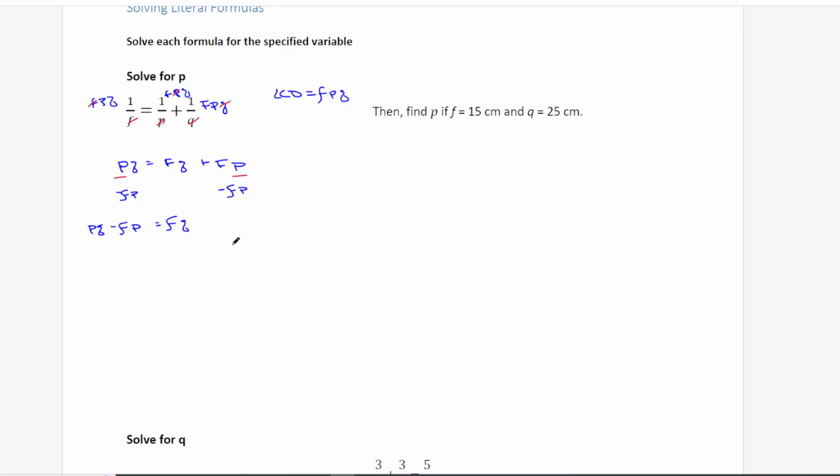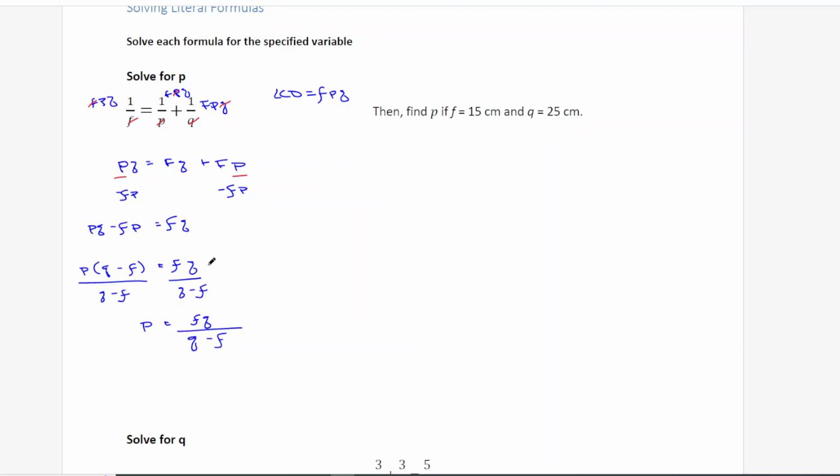Then I'm going to look to see that these two terms have a P in common. So I'm going to greatest common factor out the P to be left with Q minus F, so that I can then divide both sides by Q minus F to be left with P equals FQ divided by Q minus F. Not easy, right?